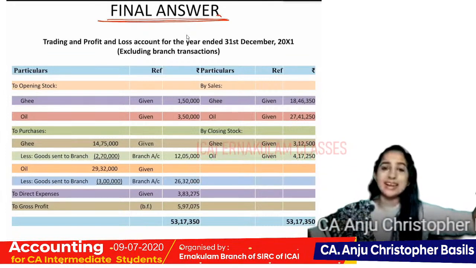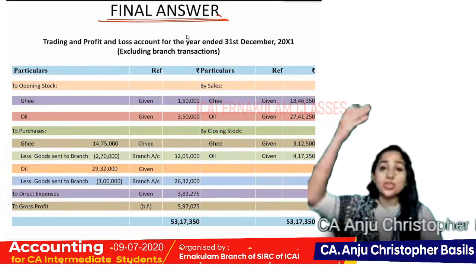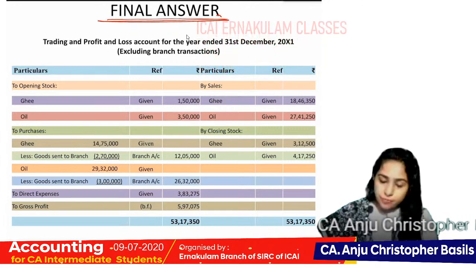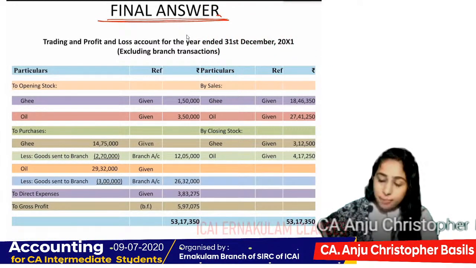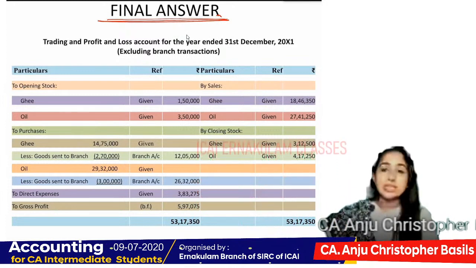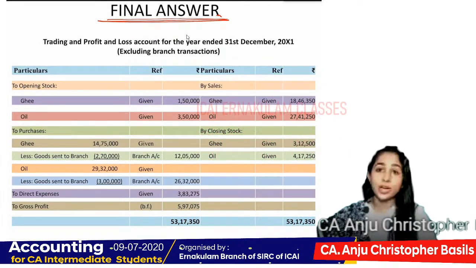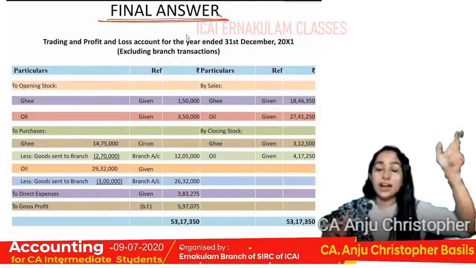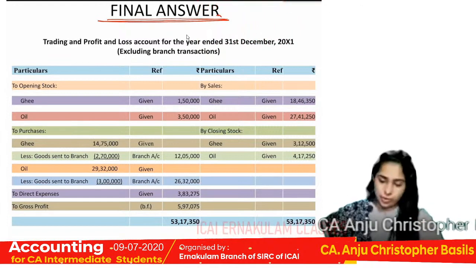But certain other debtors gave the amount straight to the head office. So this is also a remittance for us. This is a remittance to head office. Are you getting it? Instead of giving us the amount, they have straight away deposited it to the head office.